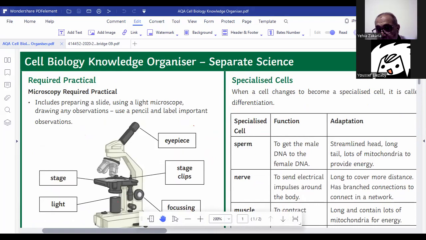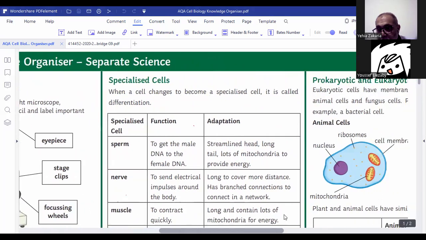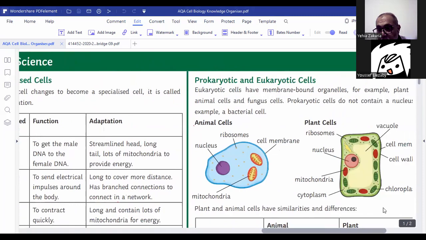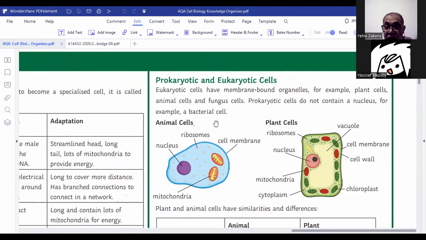Now we will discuss different types of cells. Before discussing different types of cells, we will discuss the types of cells in general. There are prokaryotic cells and eukaryotic cells.